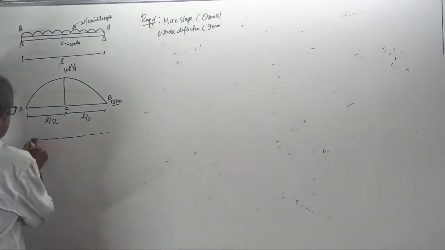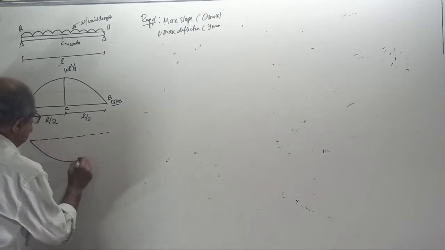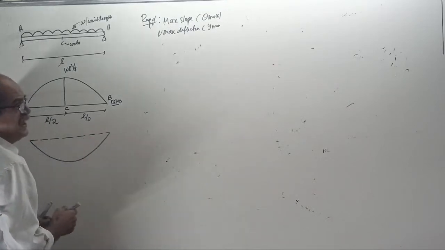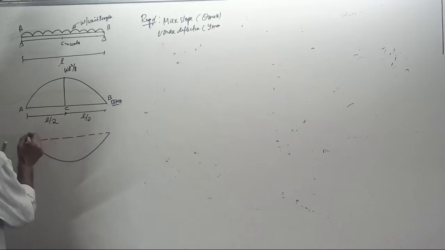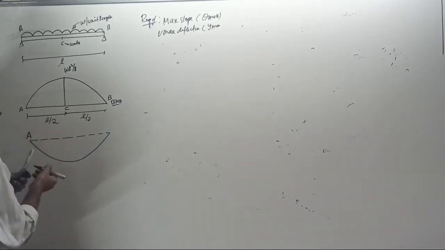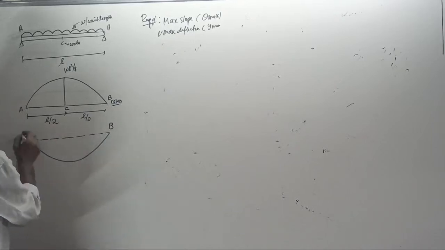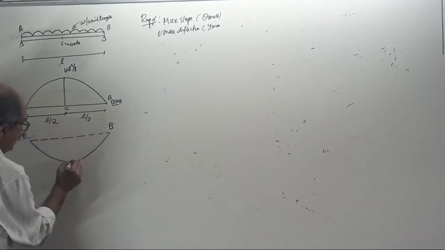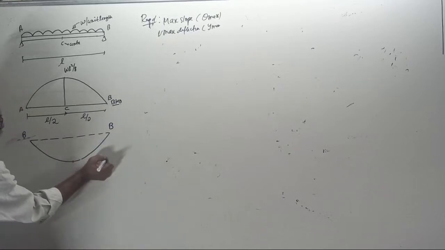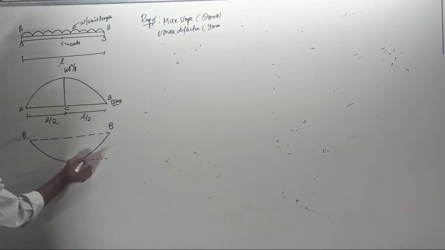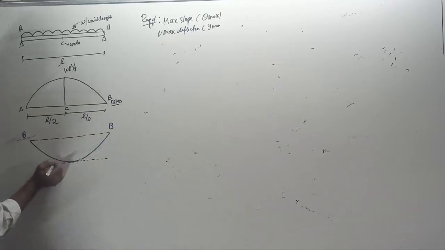See, somewhat as neatly as possible. This is the point A. A will remain there only. This is the point B. But your C will come here. If I draw a tangent at C, it will come like this.